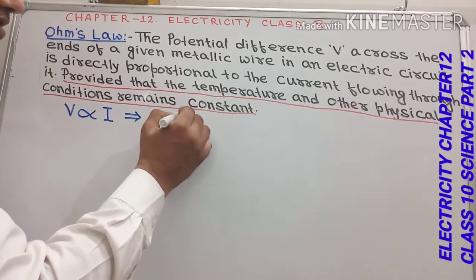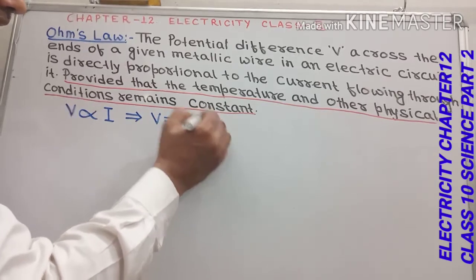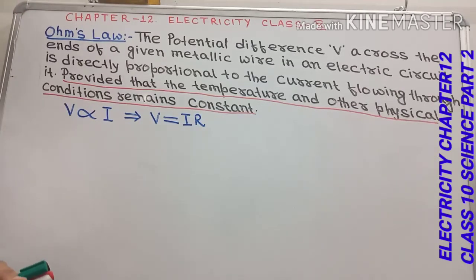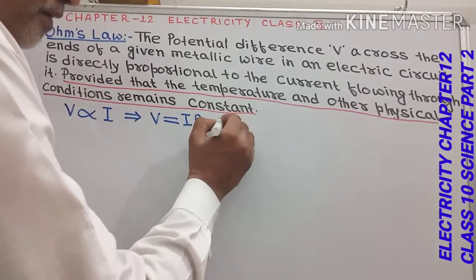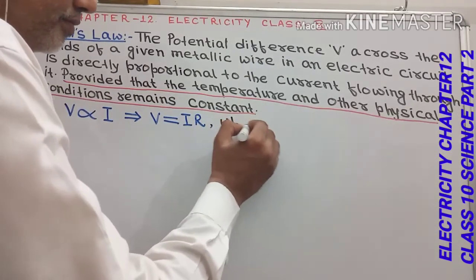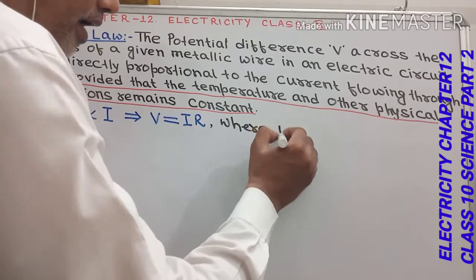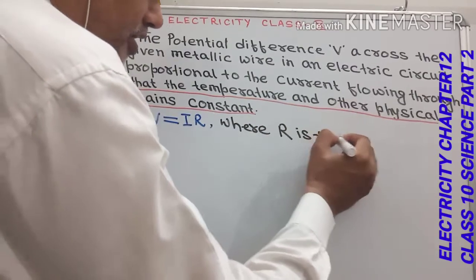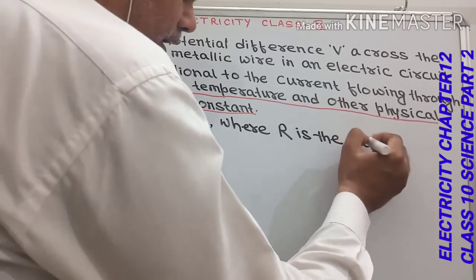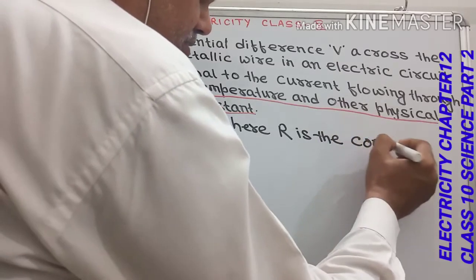Let the constant here be R. This R is a constant term, where R is the constant of proportionality.